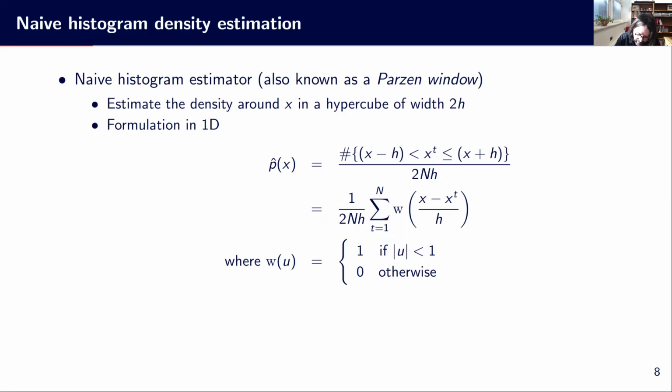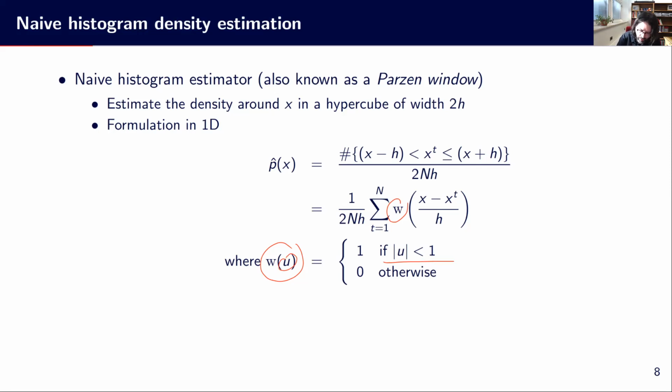What we are looking at with that W function is in fact whether the value u here is in between -1 and +1.